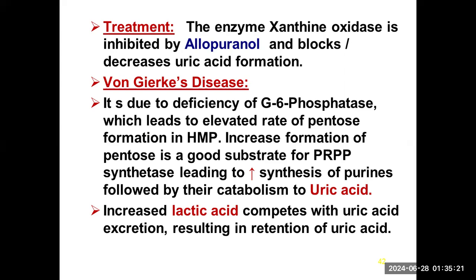Increased pentose is a good substrate for phosphoribosyl pyrophosphate synthetase, leading to increased synthesis of purines, followed by their catabolism to uric acid. Increased lactic acid competes with uric acid excretion, resulting in retention of uric acid.